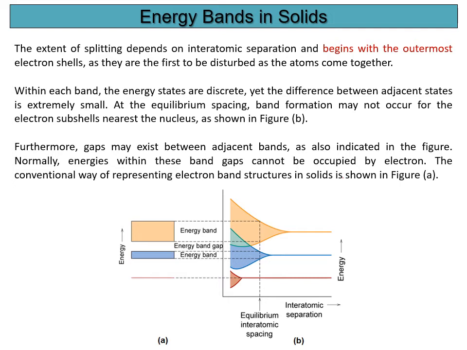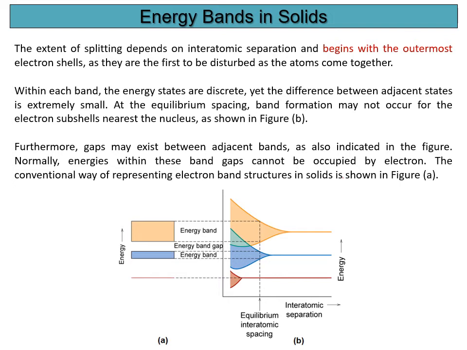At the equilibrium spacing, band formation may not occur for the electron subshells nearest the nucleus, as shown in figure B. Furthermore, gaps may exist between adjacent bands, as also indicated in the figure. Normally, energies within these band gaps cannot be occupied by electrons.